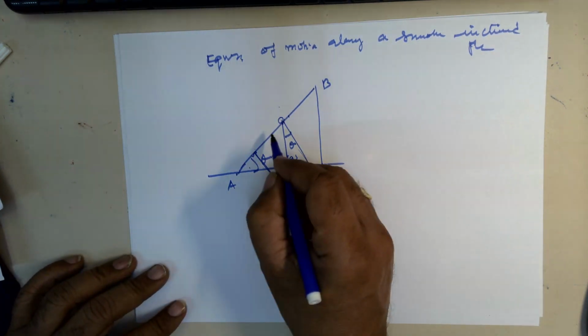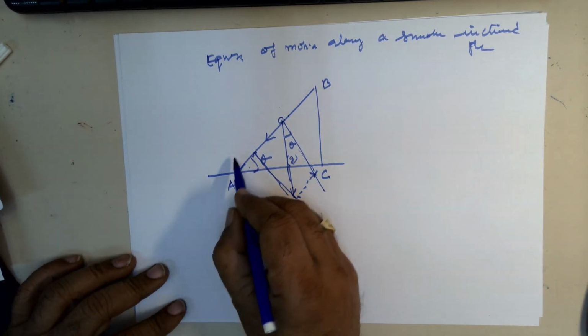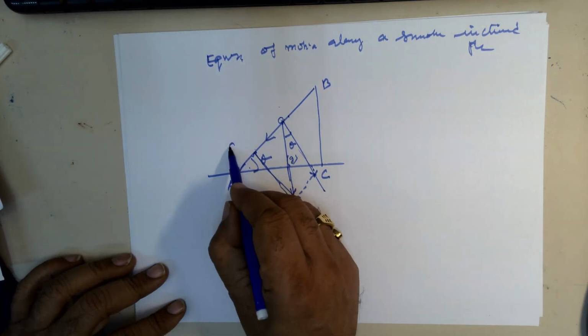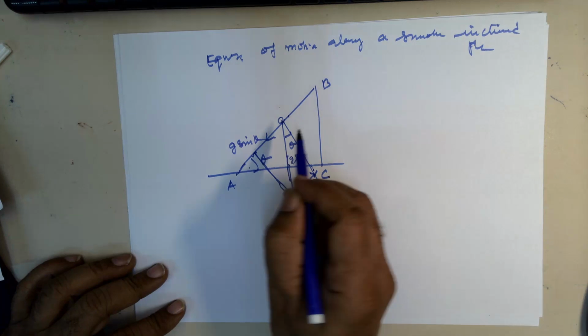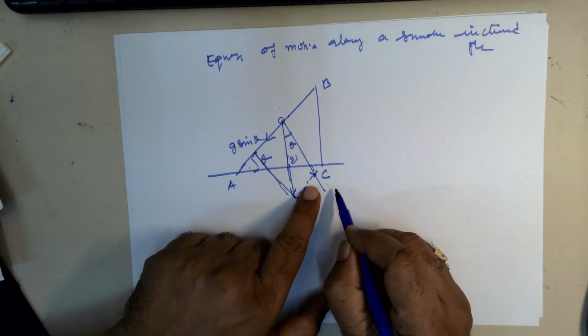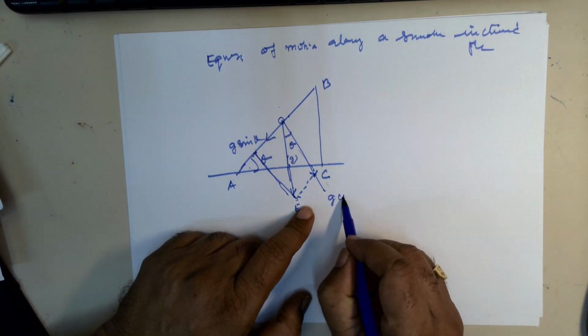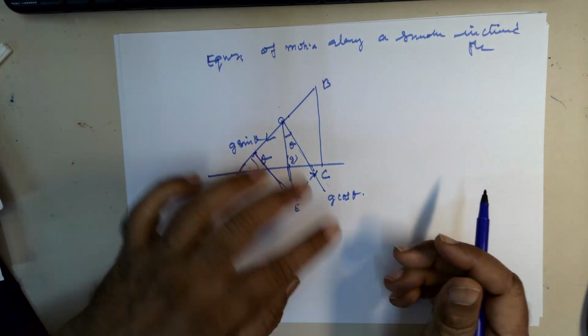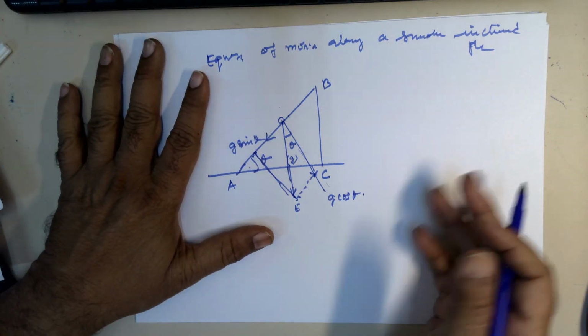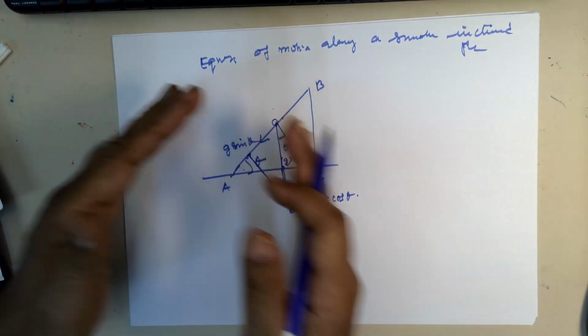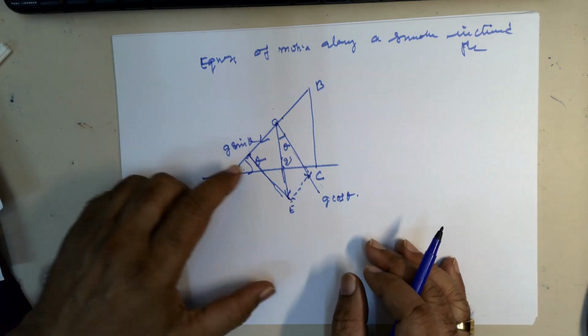The component along the plane is g sine theta, and the other component is g cos theta. I'll be able to explain in a better manner when I discuss vectors, but take the labels for granted for now.